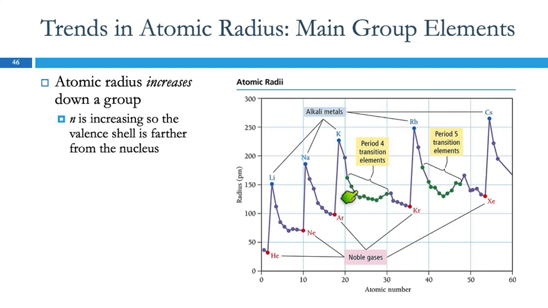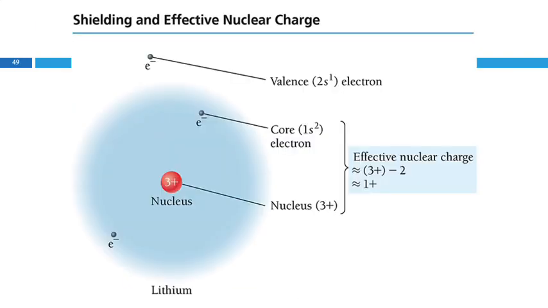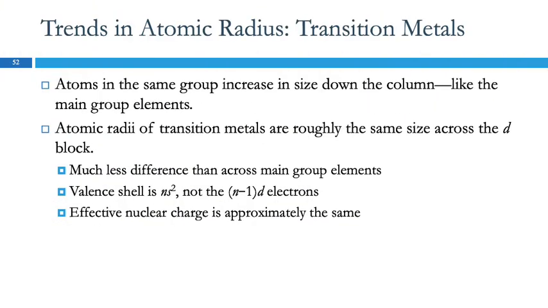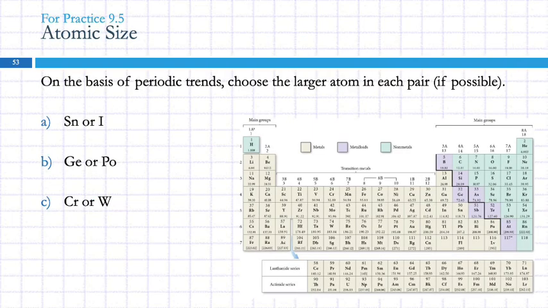We see there's a little bit of variation here, but it's not really a good trend. Those are just very close in size. So what do we need to be able to do with this? We should be able to pick the larger atom in a pair just by looking at the periodic table. So let's practice that.